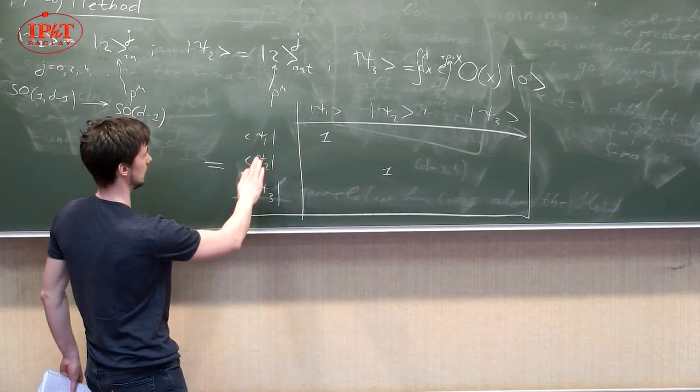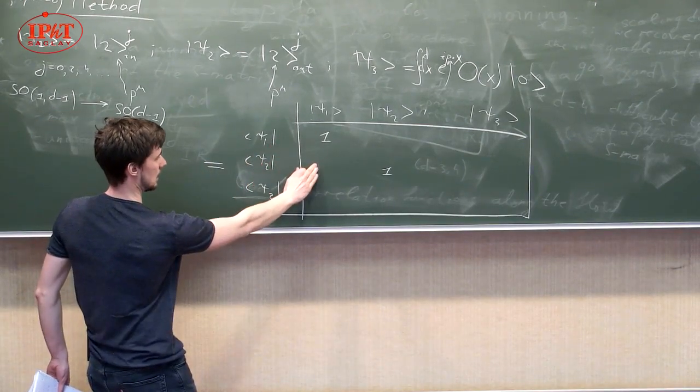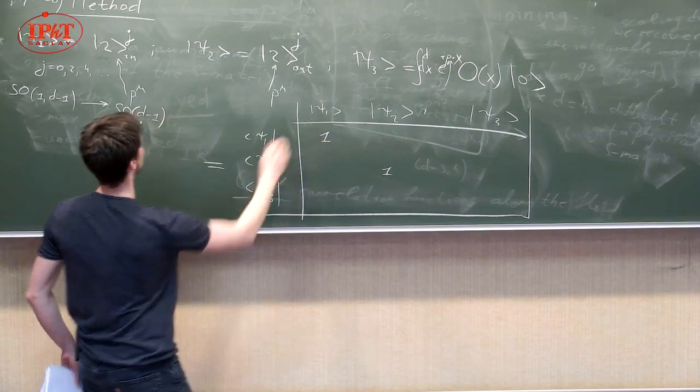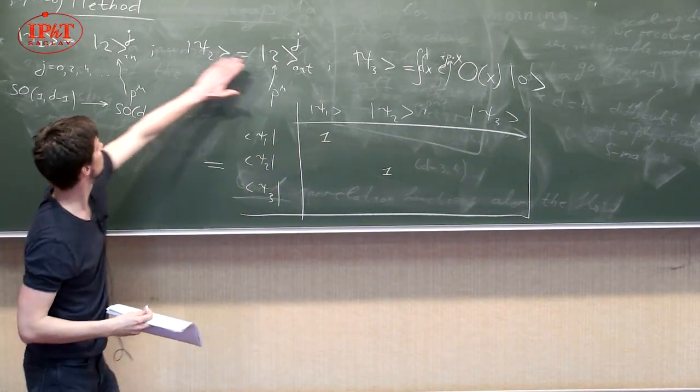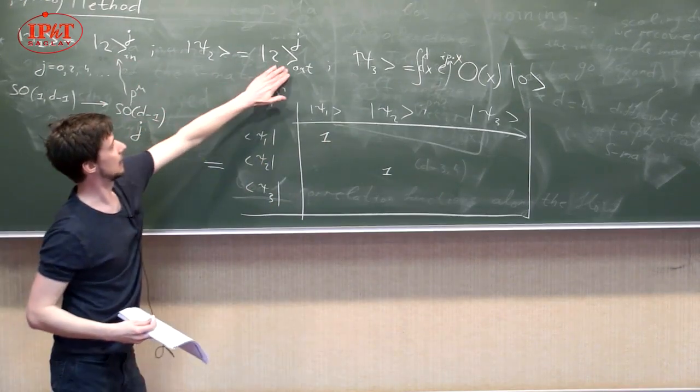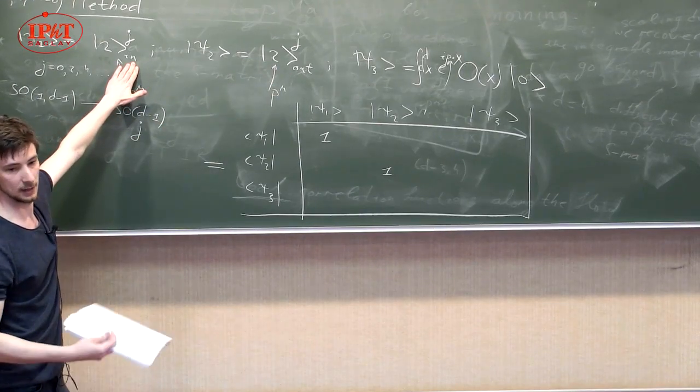Now, if I look at the inner product between state 2 and state 1, so this one with this one, you can see it's the out state with the in state. It gives me the S matrix.